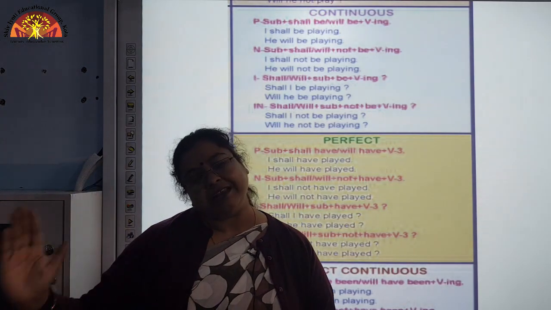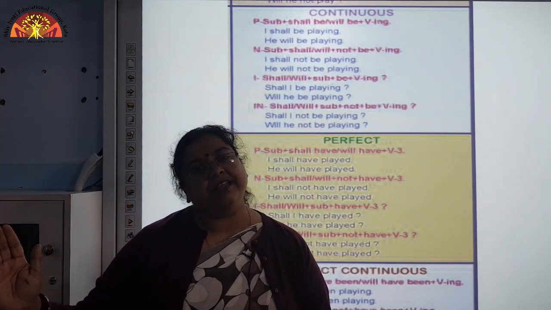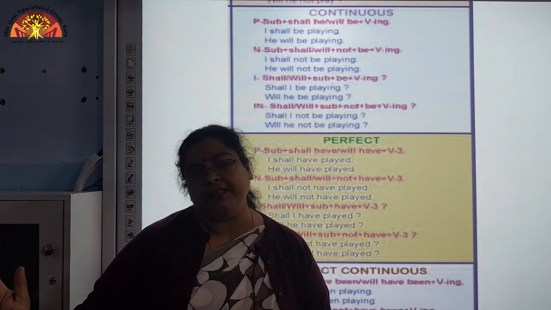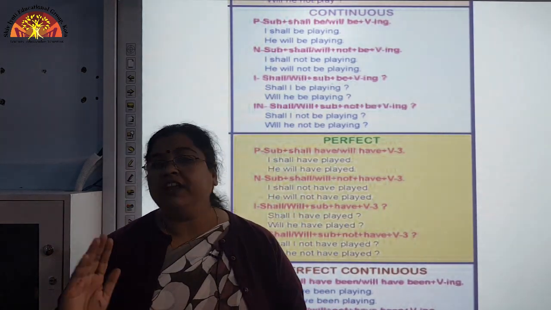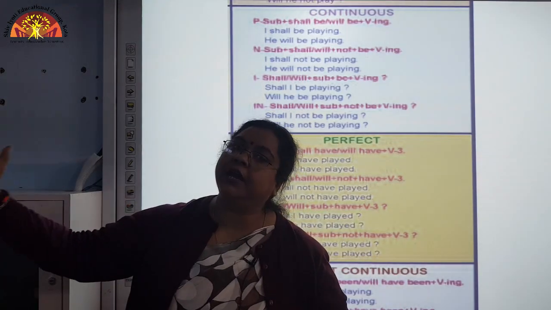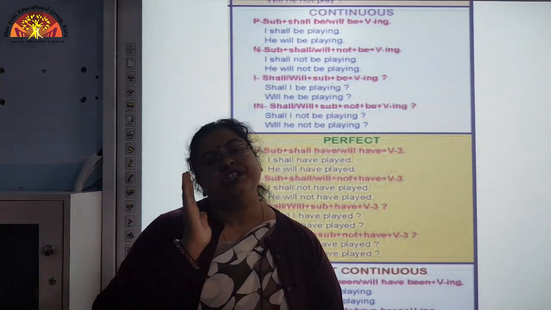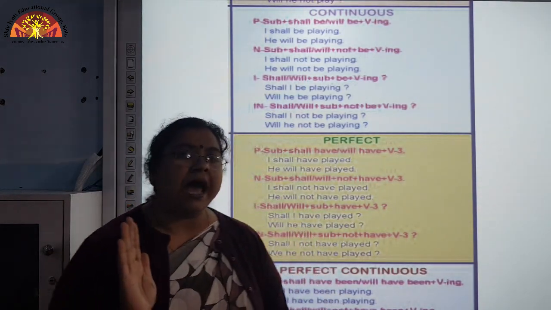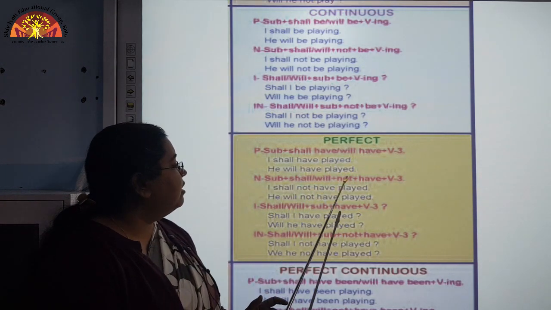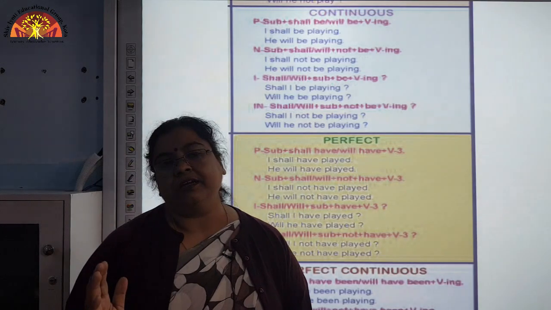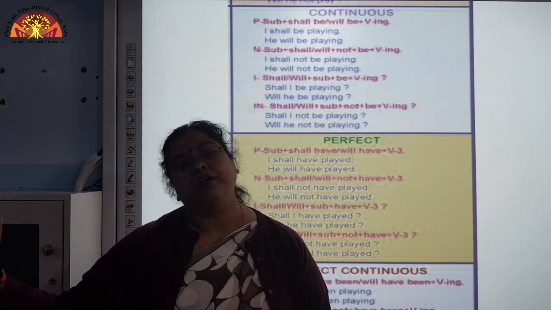Okay, it will start in future time, she will write the letter, she will start it in the next frame of time, maybe in the night, but it will be completed by morning. So, she will have written a letter by morning.